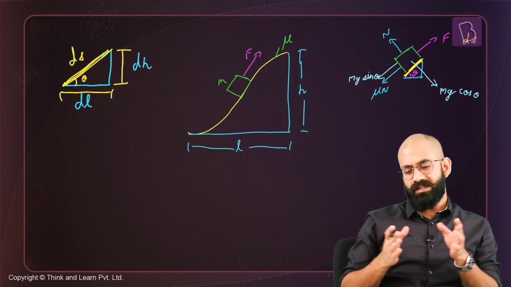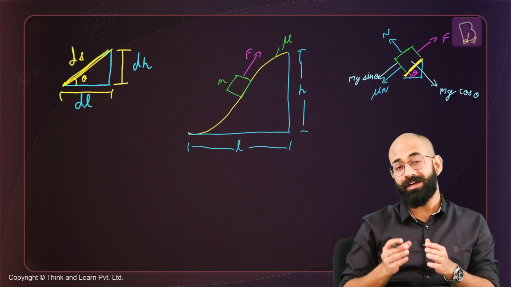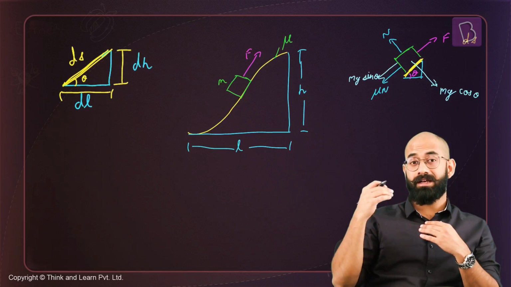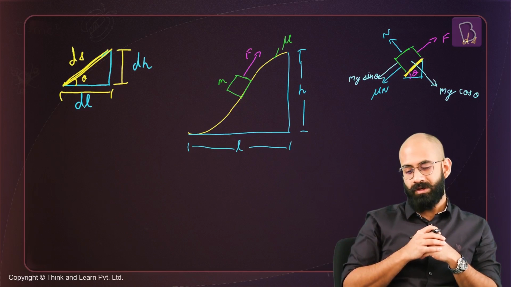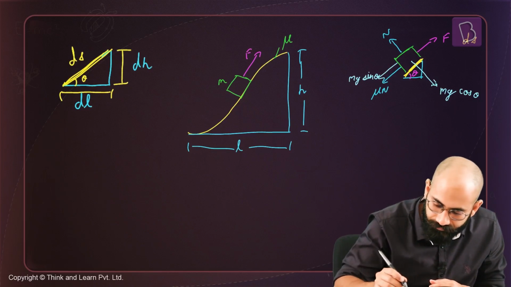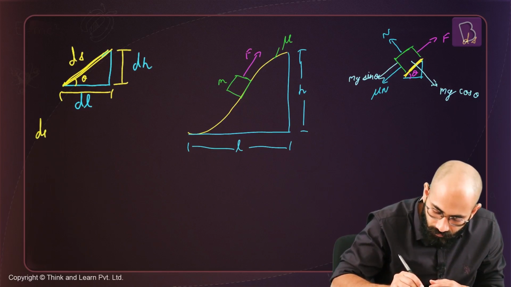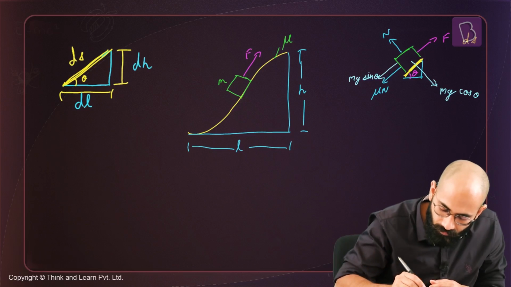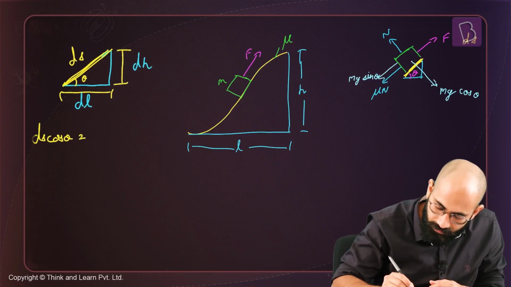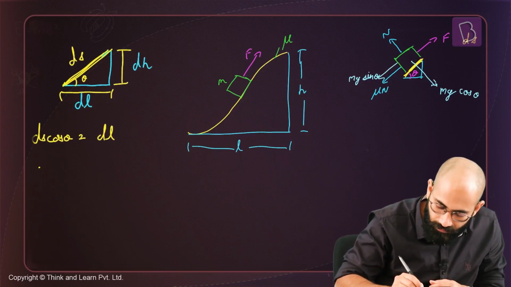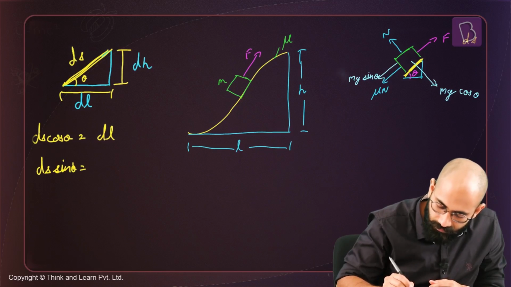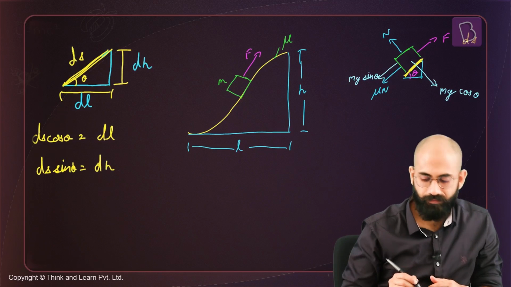That is, if I sum up all these small dl's, I'll finally get L. And similarly, if I sum up all the small dh's, I'll finally get H, correct? So I can directly write that ds cos theta is equal to dl, and ds sin theta is equal to dh.